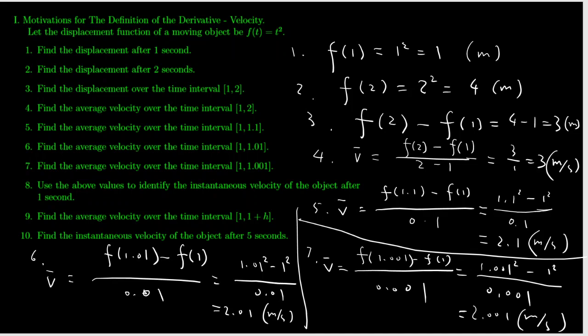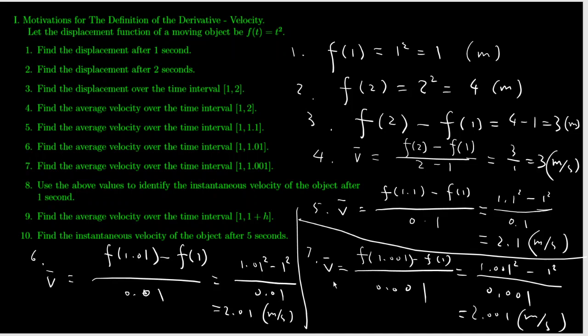Now listen to my question. Look at questions 4, 5, 6, and 7. As the time interval gets shorter and shorter, can anybody try to describe the change of the average velocity?